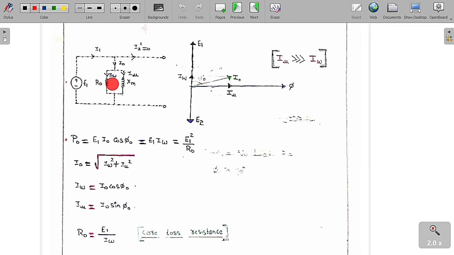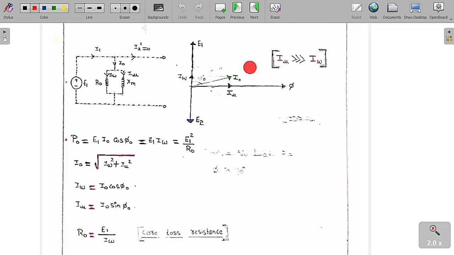This is IW or IC, and this is IMU, and this is I0. IW or IC is called the core loss component, IMU is called the magnetizing component, and I0 is called the no load current. As the secondary circuit is open, the secondary current is 0, so I2 dash is also equal to 0. Only I1 is present, and I1 is equal to I0 in this case.